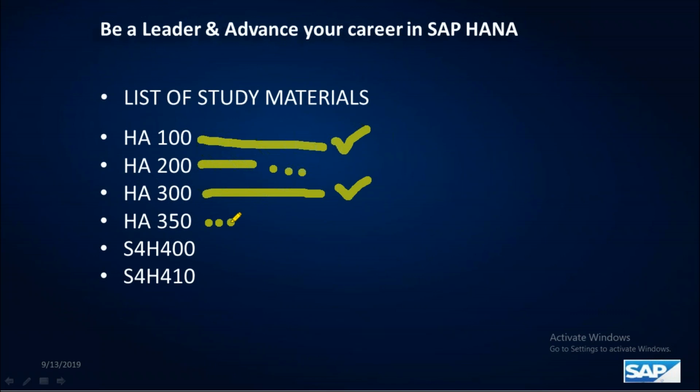Then HA350 for those extraction tools like SLT, data services. Then we have here S4H400. This is the foundation document for S4HANA Embedded Analytics, followed by the S4HANA Embedded Analytics development with the CDS views.